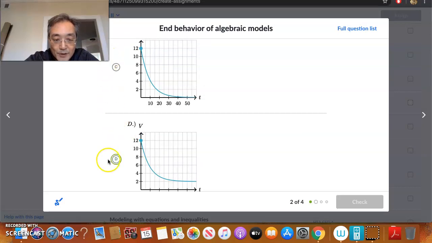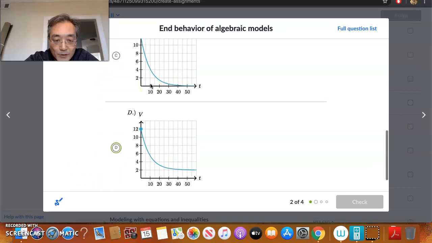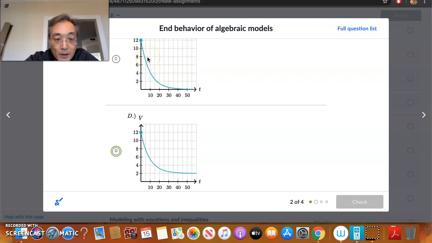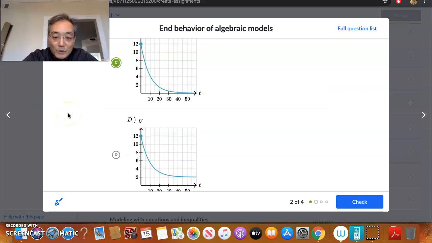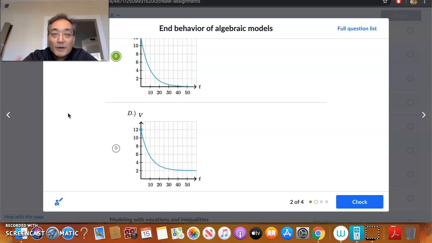The question is, which one is it? Is it C or is it D? They look the same until maybe year 10. I think if we calculate the value at year 10, the question is, as time goes, will the car eventually go to zero value, $0? Or is the value of the car going to approach a certain dollar value other than 0?